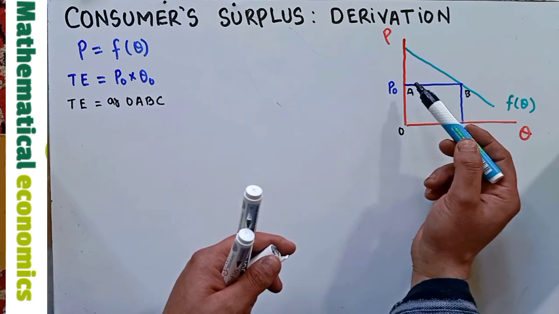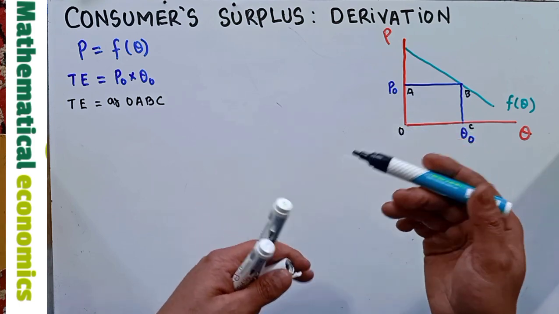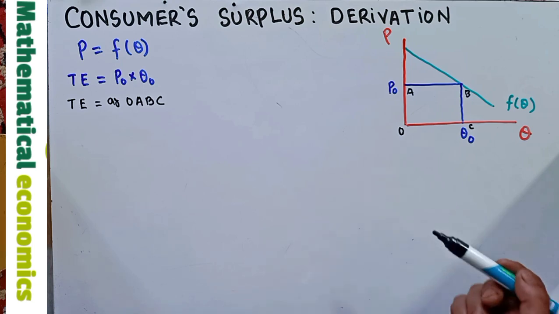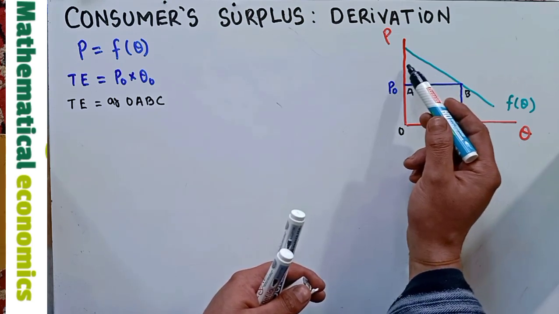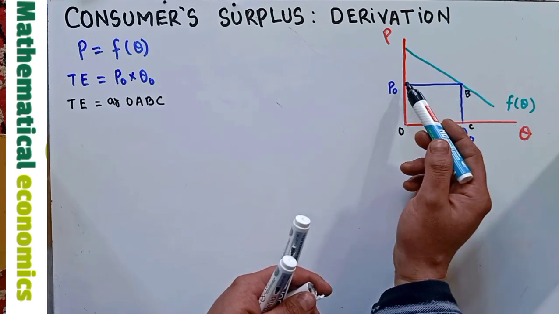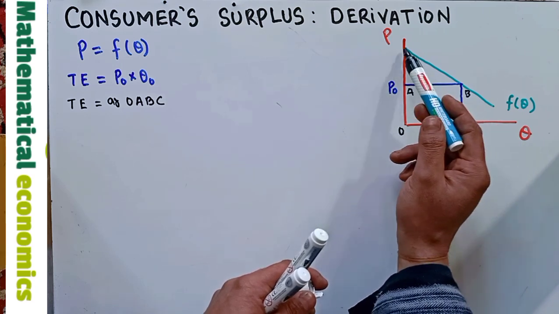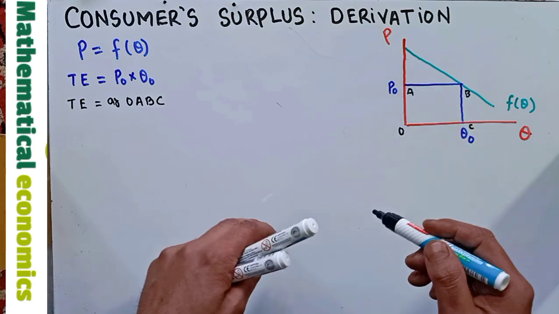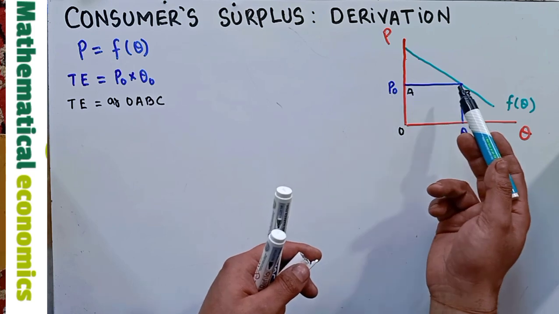For quantities up to Q naught, they would actually be willing to pay the higher price given by the demand curve. Obviously, there will be some consumers who would have been willing to pay a higher price given this inverse demand function. Since they are paying a fixed price of P naught, there will be different prices they would have been willing to pay, shown by the area above P naught.